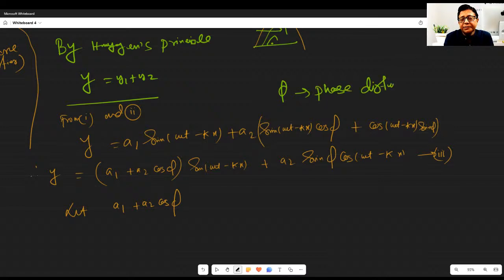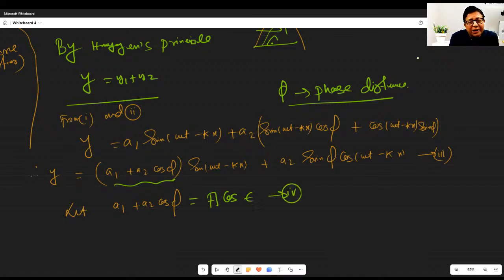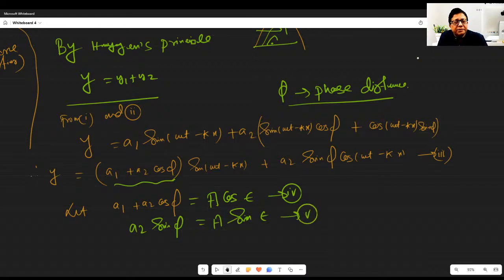Now we are assuming this thing as A cos epsilon and a2 sin phi as A sin epsilon. I'm just assuming because our aim is to express in terms of one sine or one cosine. A is there, no? You cannot say only cos epsilon, then it will be wrong. But if you write A cos epsilon, then it's fine.